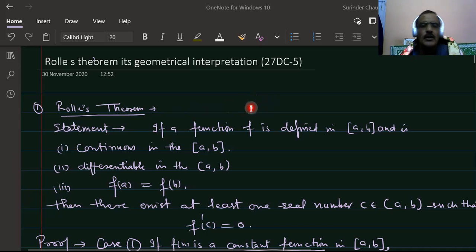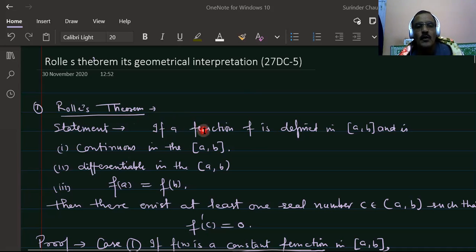We will verify whether the given function satisfies the theorems in the given closed or open interval, and what results we will conclude if the theorems are satisfied by the functions in those intervals.